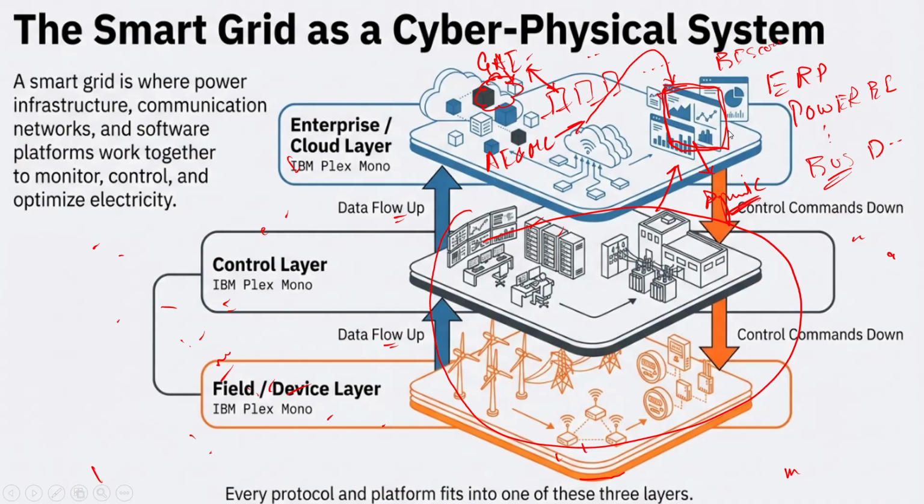And this is not only about billing. Let's say we want to have some predictive maintenance, for example transformer maintenance. Any engineer can log into the system and see the historical data.